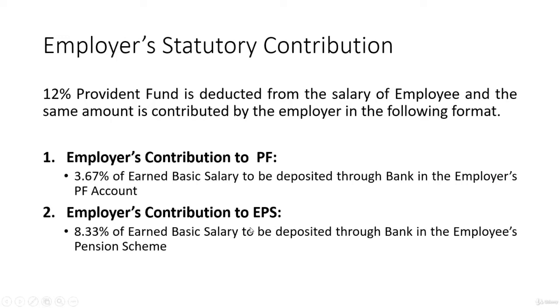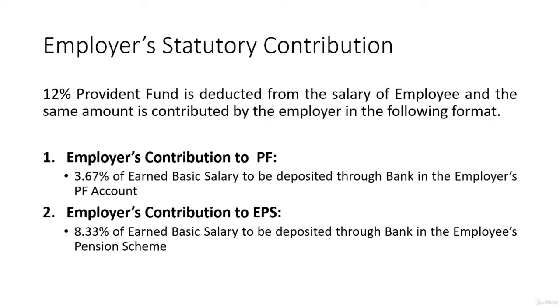Now, the next deduction we have is the employer statutory contribution. See, in this contribution, a total of 12% of PF is deducted from the salary of an employee, and the same amount is contributed by the employer also.